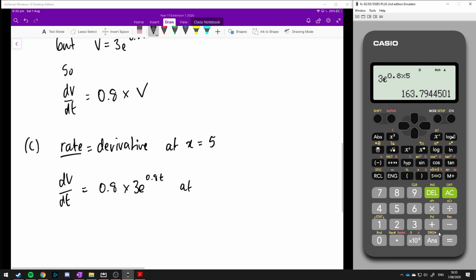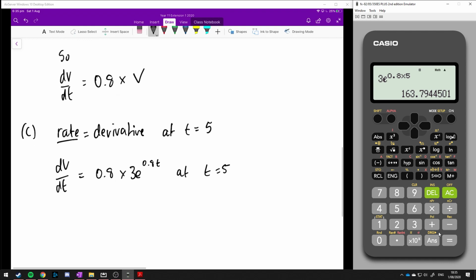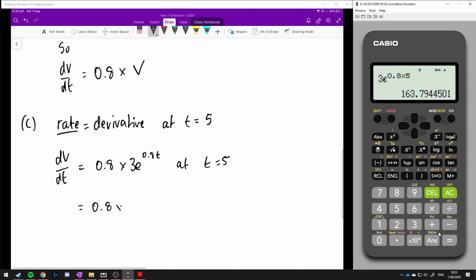So at t is equal to 5, we get 0.8 times 3e to the 0.8 times 5. All I need to do for this one is just put 0.8 times at the front, and then we get 131.04 millimeters cubed per second. So that's the rate at which it's increasing. It doesn't mean that it's going to increase by that much in a second. Well, it would if you were blowing at that exact rate.